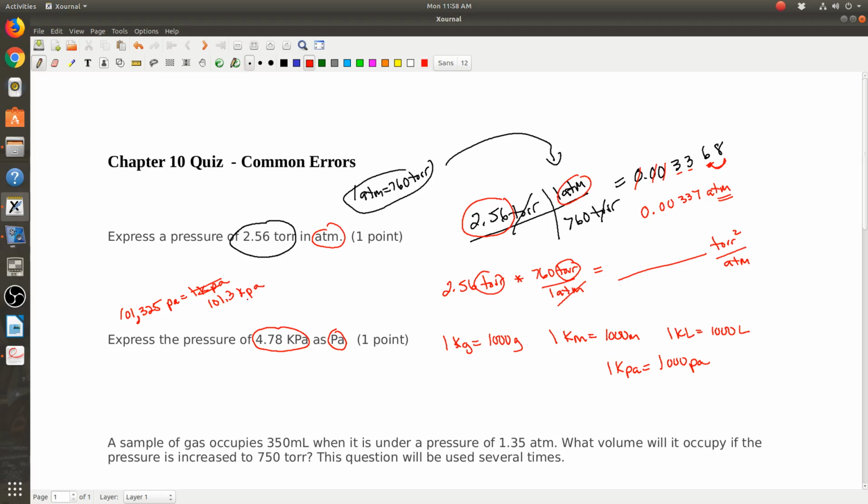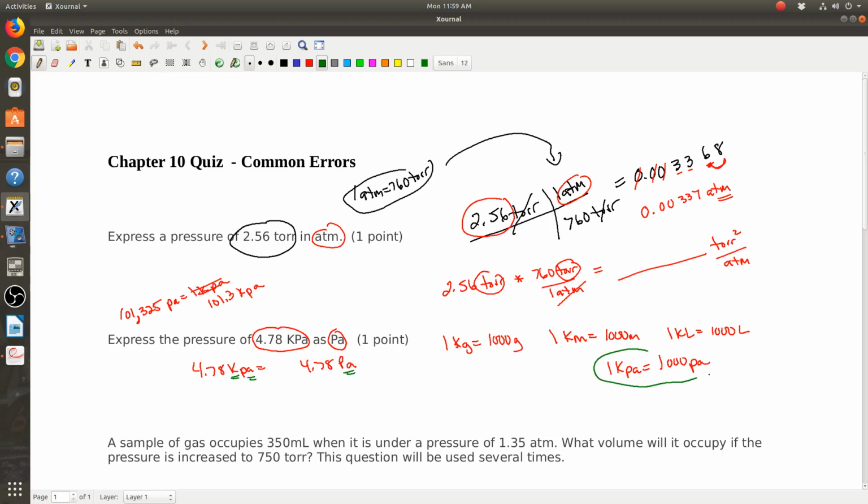This would have worked and still given you the correct answer. I had a few people do this, and the final answer was 4.78 pascals. Well, that doesn't make any sense because kilopascals cannot equal pascals.